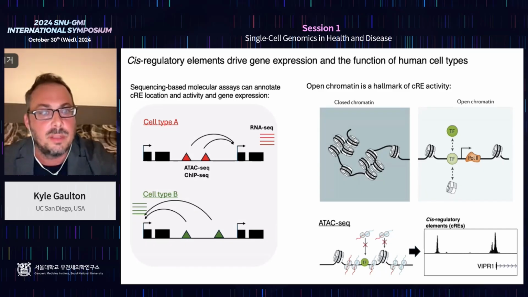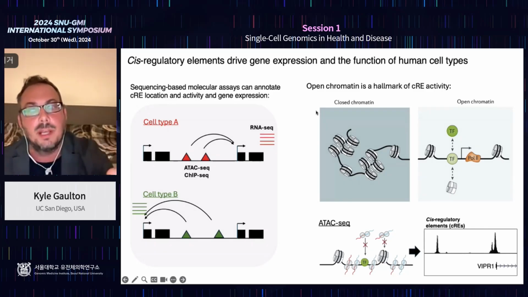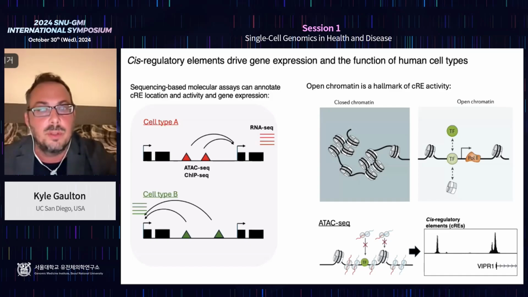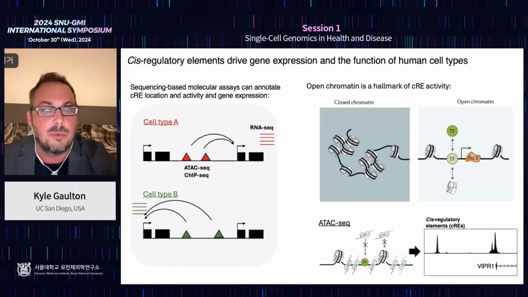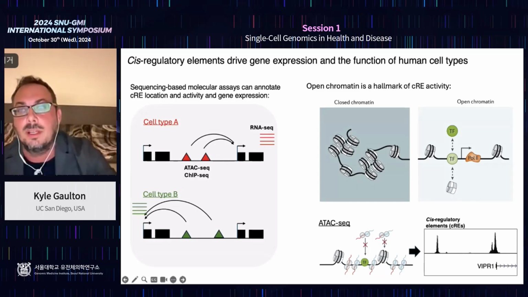In particular, the technique that we use oftentimes is ATAC-seq. And what ATAC-seq does is exploit a phenomenon of gene regulation in that sequences are typically wrapped around nucleosomes and inactive. And in order for the sequences to be used by regulatory proteins to drive gene expression, nucleosomes have to be displaced or removed.